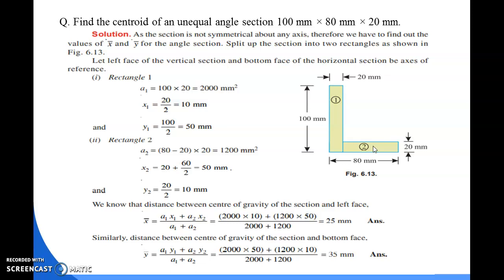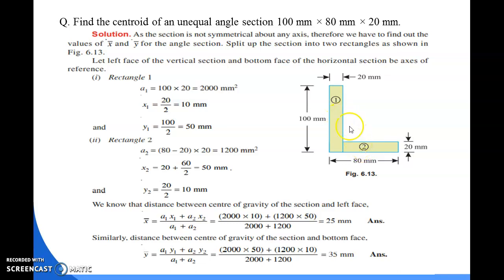So here we have two numbers of center of gravity or centroid. In case of the x-axis we have to calculate x bar, and in case of the y-axis we have to calculate y bar. So as per this figure, first of all we need to subdivide the whole angle section into many parts.